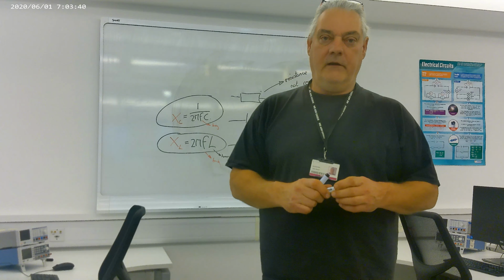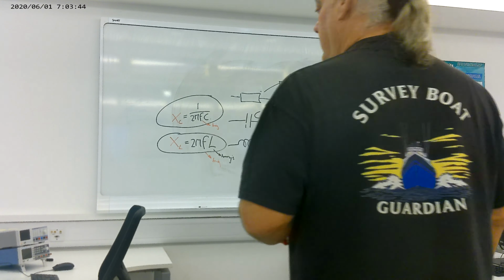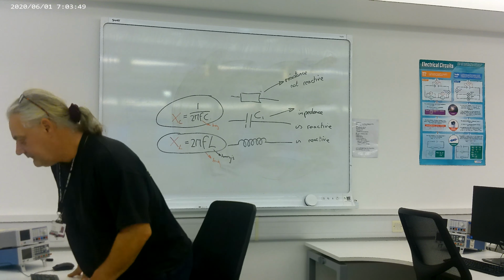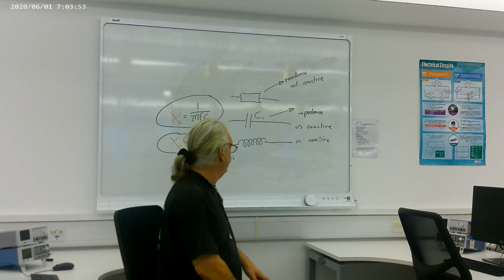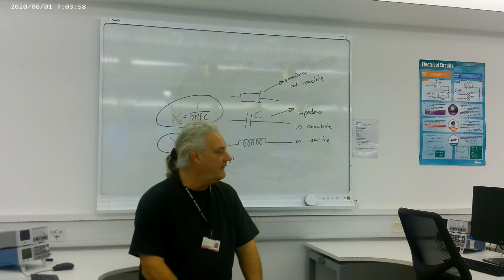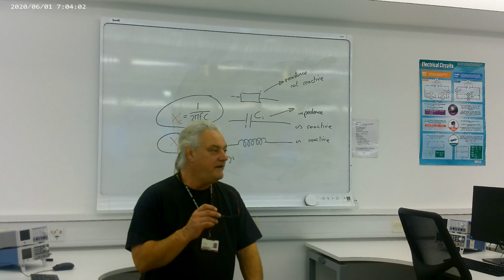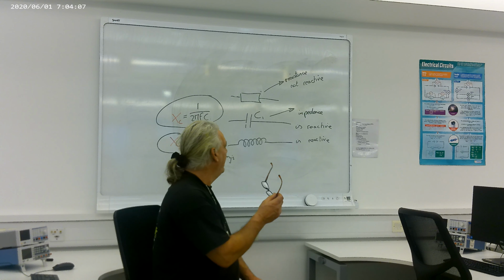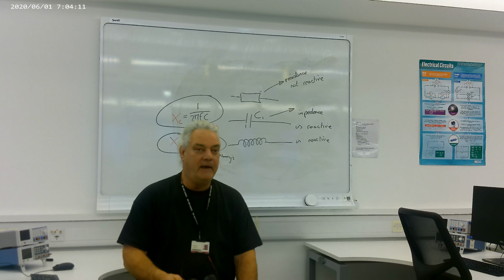Why would you want to know that? Well, remember the circuit on the board. Because now what I can do is replace one of those with one of those impedances, and as long as I do the calculations right, in other words I know the input frequency, I can predict what the resistance, I mean the impedance, is at that frequency.